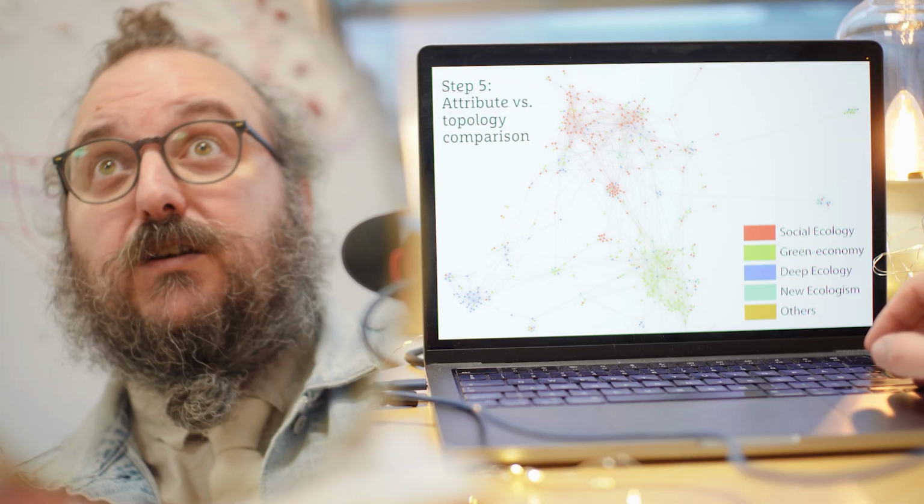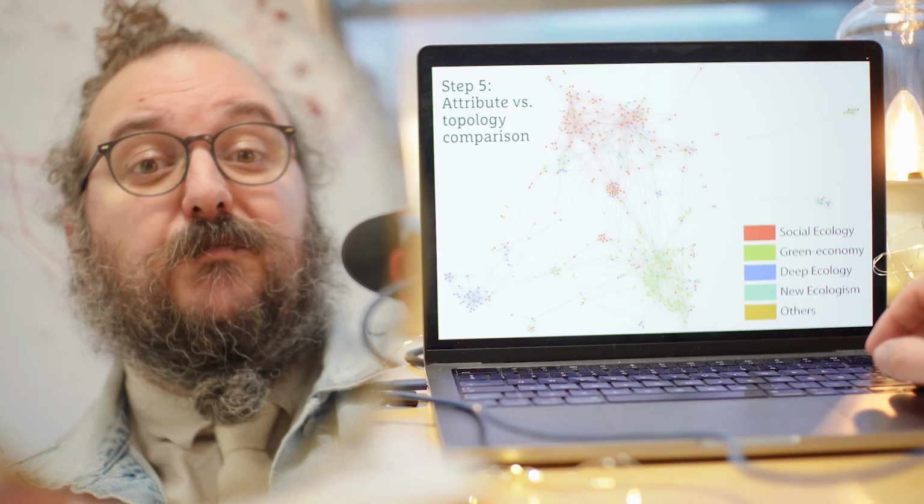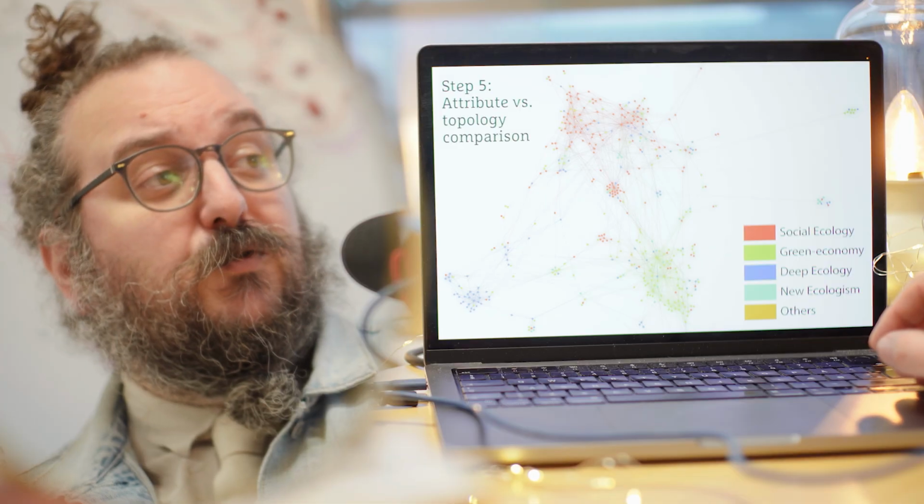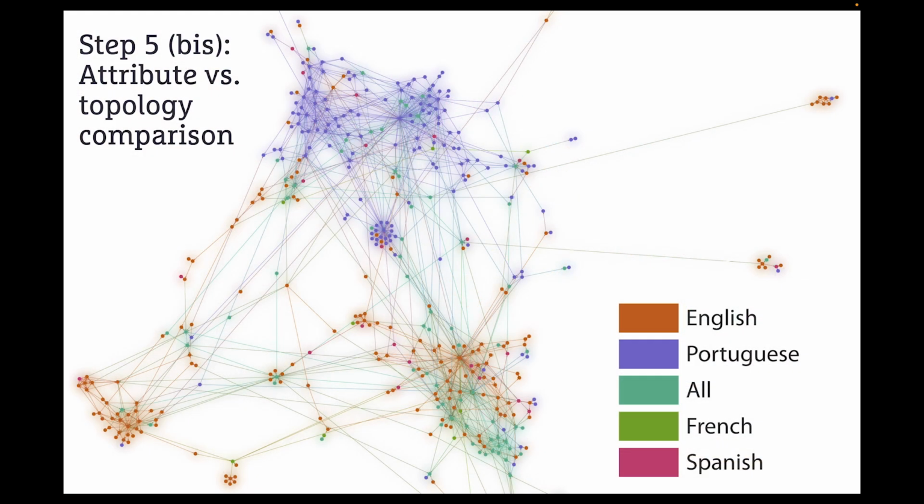Now, this was one layer of coding, but you can also have other layers of description of your nodes. If you think of your nodes as a table, it may have multiple columns. So here's another column we have in this data, which is the language of the website. As Rio is in Brazil, the local websites are in Portuguese, the international websites tend to be in English or multilingual, and then you have a few other languages like French and Spanish.